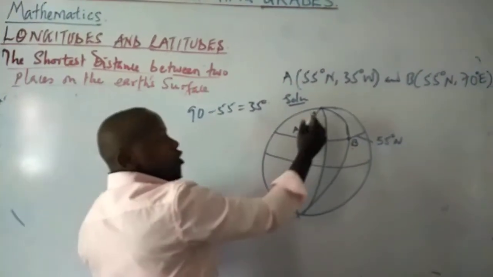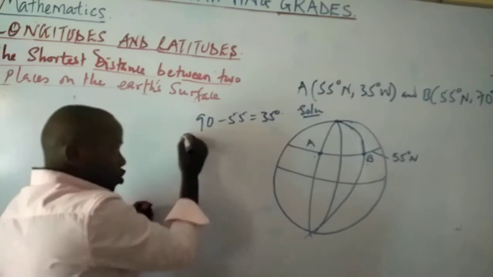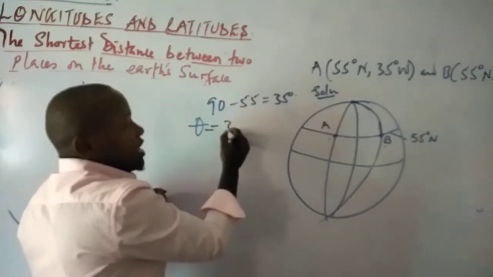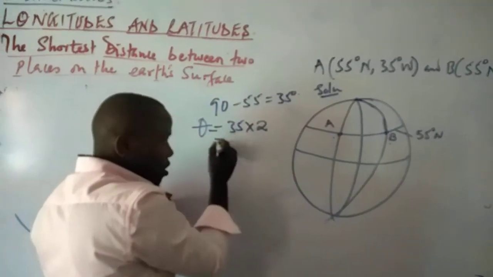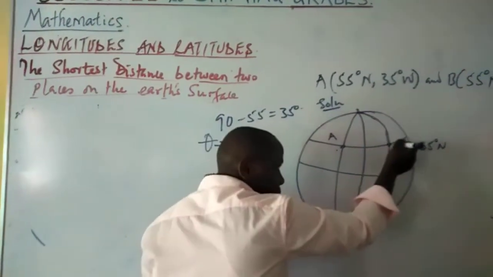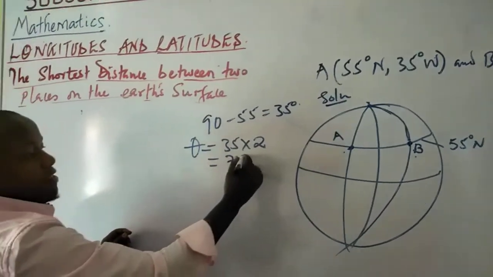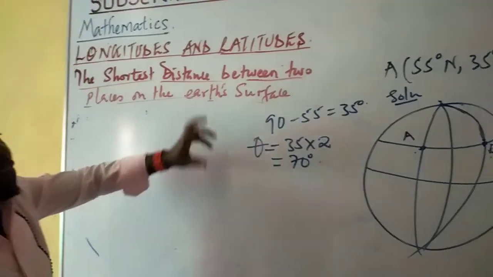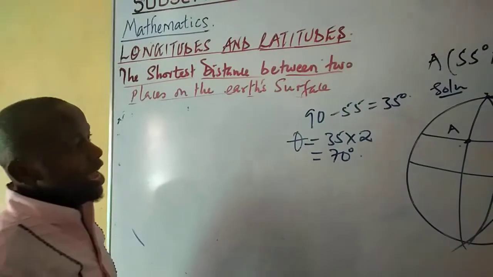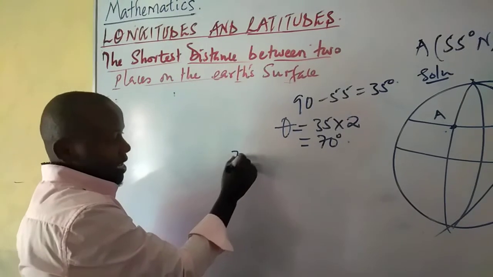Therefore, because we are going again down to B, the total difference will be 35 times 2, because it is from A to the North Pole and again down to B, which is again at 55 north, therefore 70 degrees.